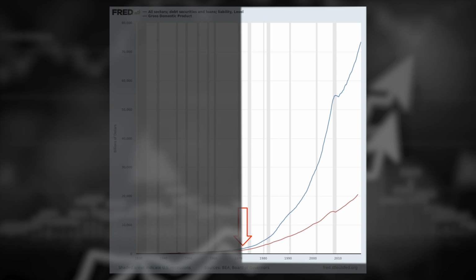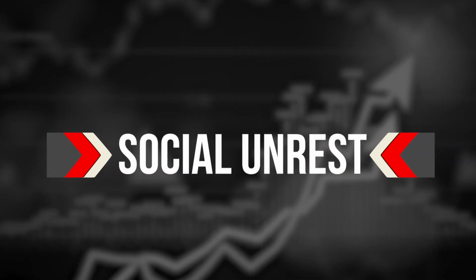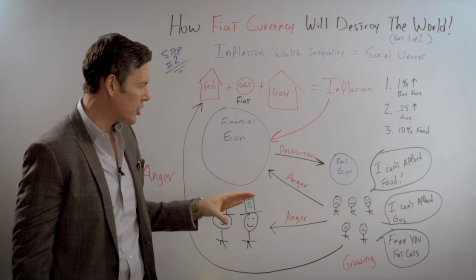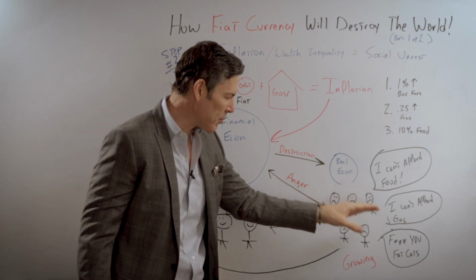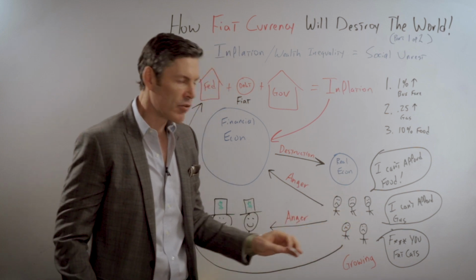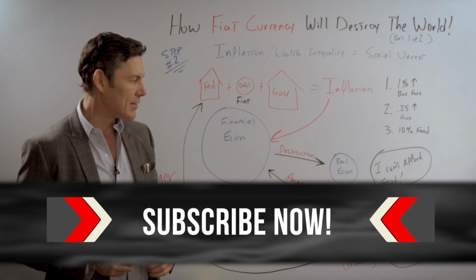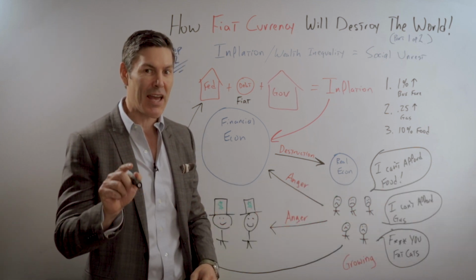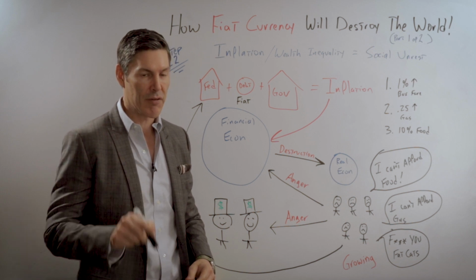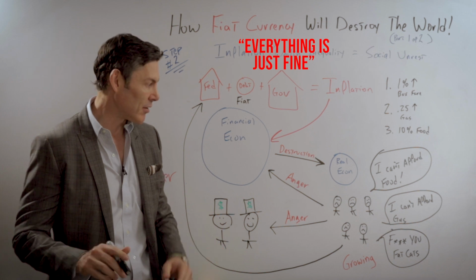Really staggering. Step number 2, it brings us to social unrest. The more inflation that we get in the system, the harder it is for the people in the real economy to afford what they need just to get by day to day, especially if the government isn't admitting to that inflation and claiming that everything is just fine.